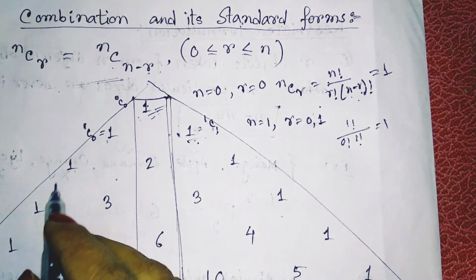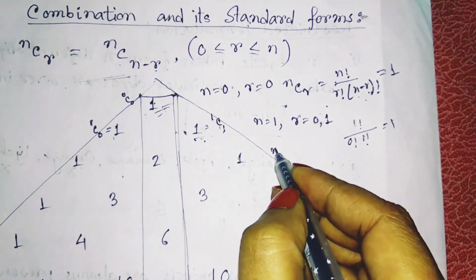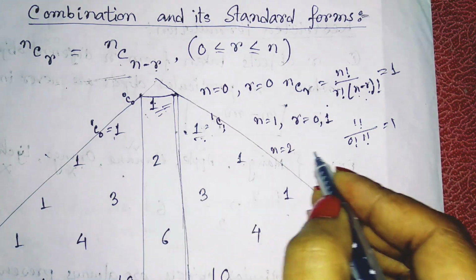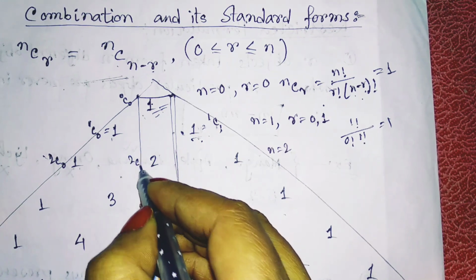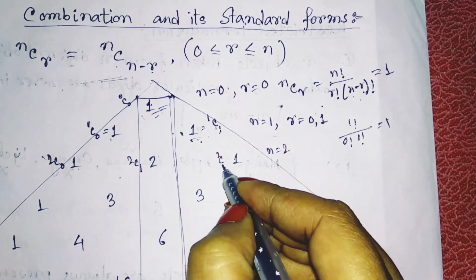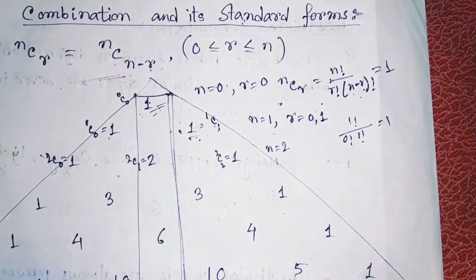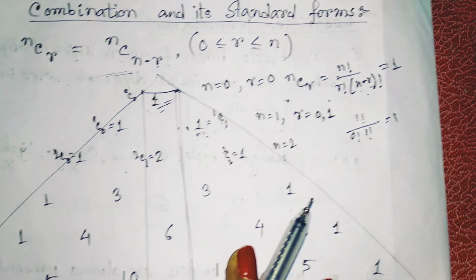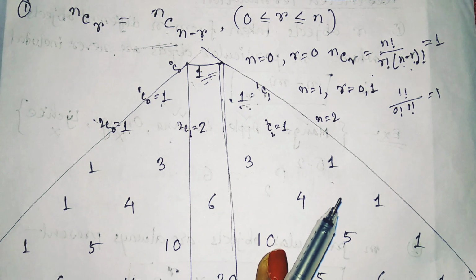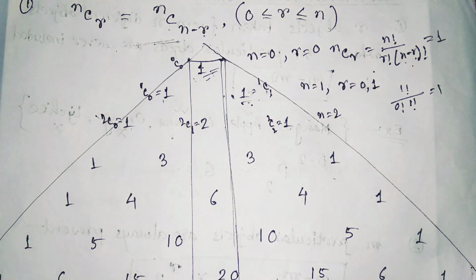Similarly this one. Next one, here n is equal to 2. So it is 2C0, this is 2C1 and this is 2C2. Look, in this way, if you go down, you will find that n increases and accordingly the different r values.